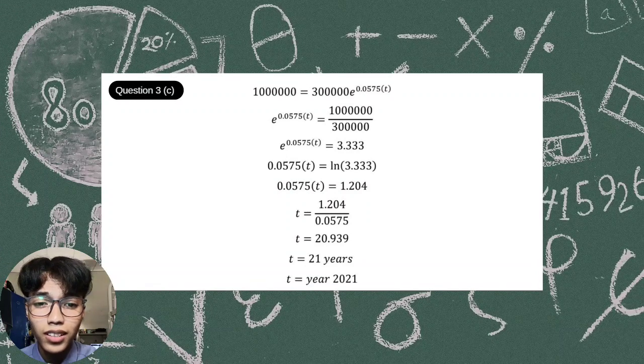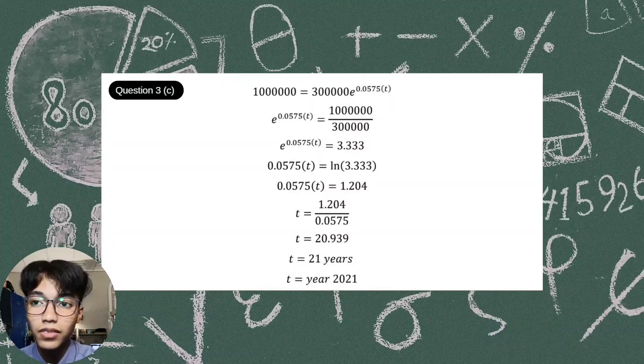Here we come to the final question, question C, where we need to find the time when the population will reach 1 million. Using the same formula, we know that Pt is 1 million, P is 300,000 people, K is 0.0575, and t is the answer that we need to find. Now the equation will be 1 million equals 300,000 people multiplied by e to the power of 0.0575 multiplied by t.